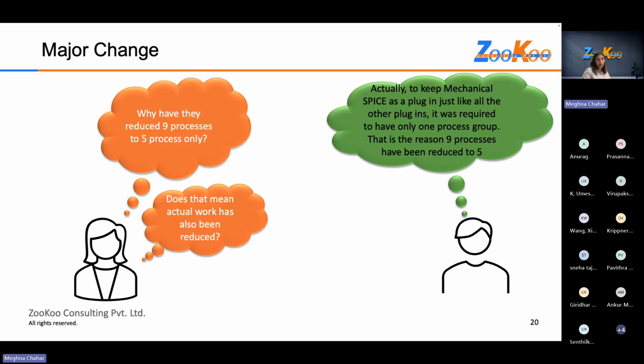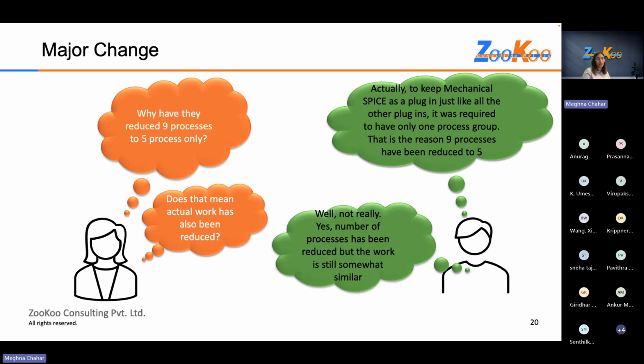Now, because of this reduction, does it mean that we have to do the less work? Actually, no. From the working point of view, no, you don't have to do less work, but you do get more flexibility. When we say you get the flexibility, we just have one process, MEE1, for mechanical requirement specification. Whether it is your mechanical system requirement specification or mechanical component requirement specification, you just have one process to execute now.